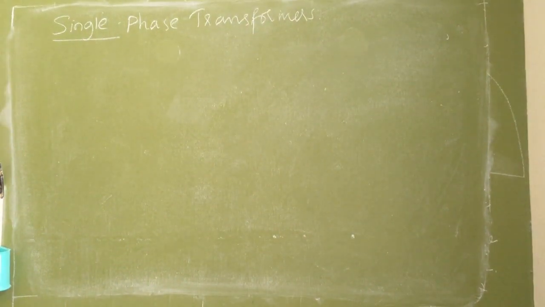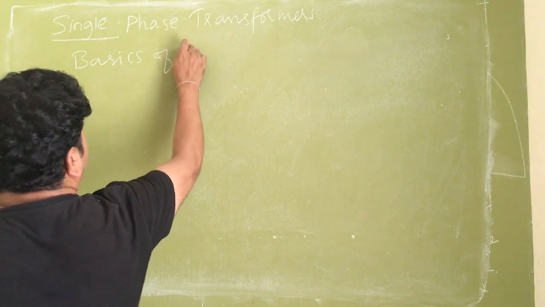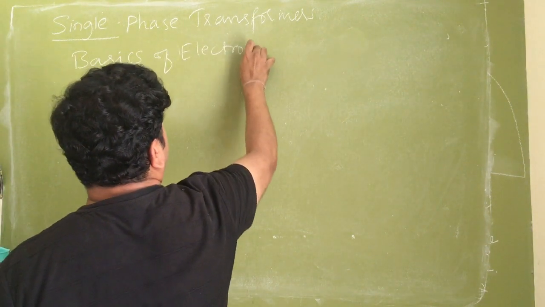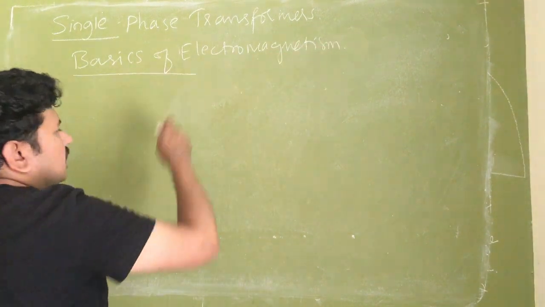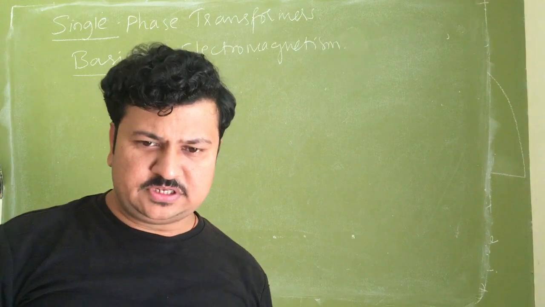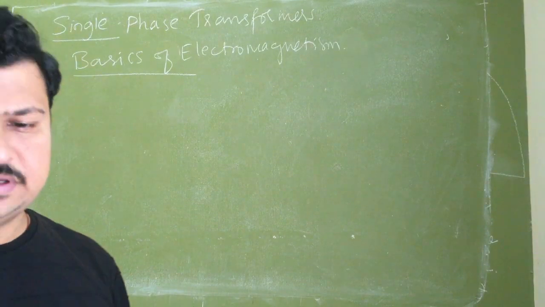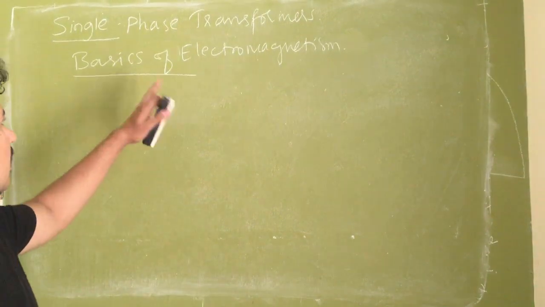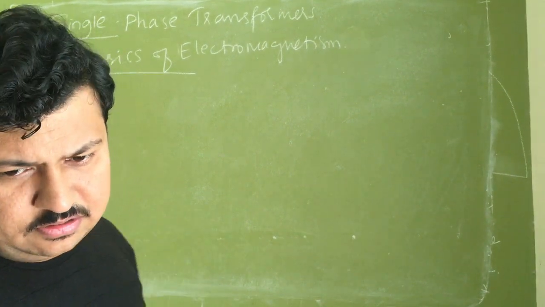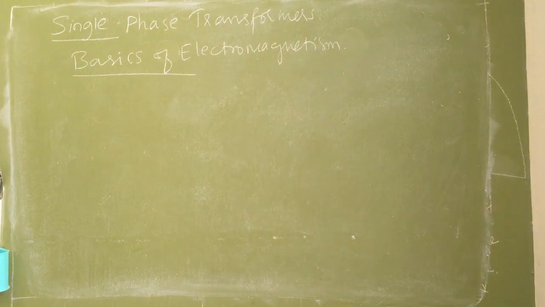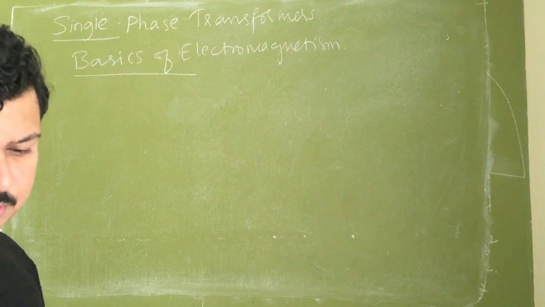First we'll see the basics of electromagnetism, because these electromagnetism concepts are necessary for every part of the syllabus hereafter. Okay, without understanding the concepts of electromagnetism, it is a little bit difficult to understand the operating principle or the behavior of the systems we will be looking into hereafter.